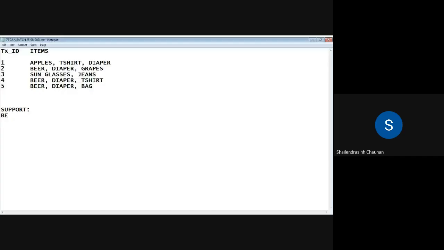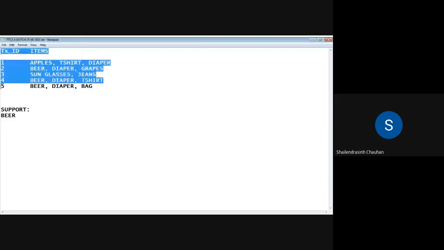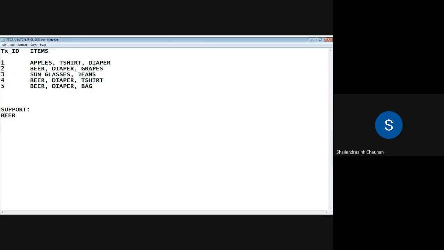Consider this transaction table, beer given diaper, and this is the rule.